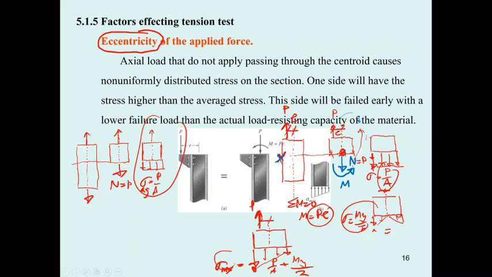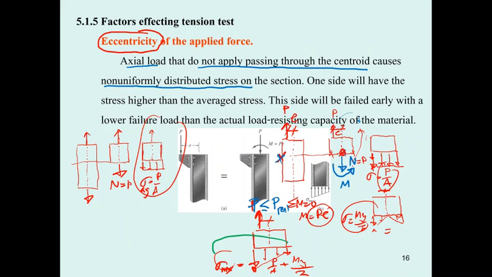When it fails earlier, the strength or the stress that you get, or the force that you measure, is going to be lower than expected. So this P is going to be less than the real P. Okay, so coming to this, an axial load that does not pass through the centroid causes non-uniformly distributed stress on the section, like I just mentioned before.